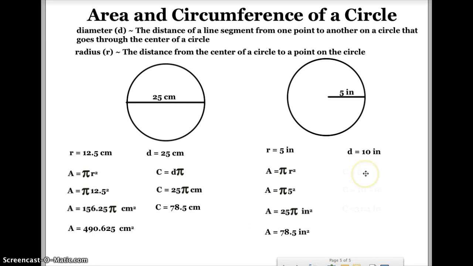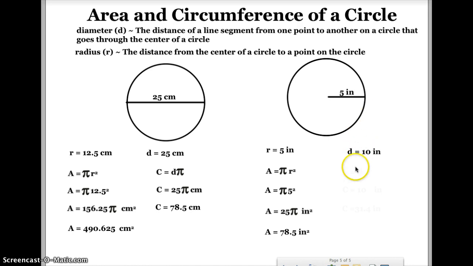What that means is, if I had a square grid over this that were all 1 inch by 1 inch, and this was actually 5 inches, the radius, it would take about 78.5 squares to cover up that circle.